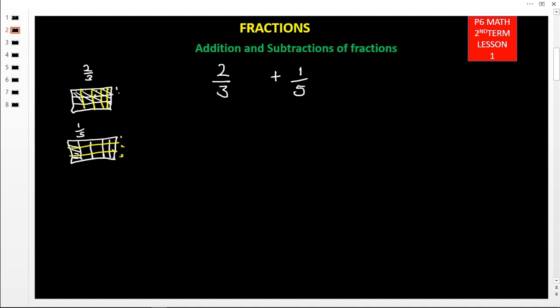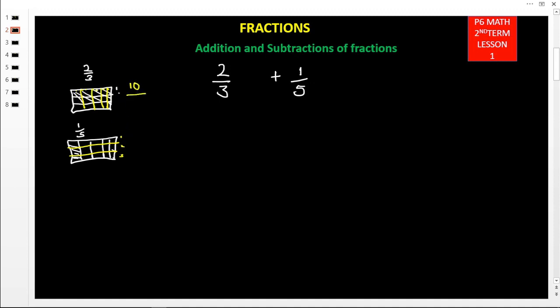This one has been divided into 5 parts like this one, and this one into 3 parts like this one. Now we are going to get the shaded parts. We have 1, 2, 3, 4, 5, 6, 7, 8, 9, and 10. So here there are 10 parts out of how many total parts?